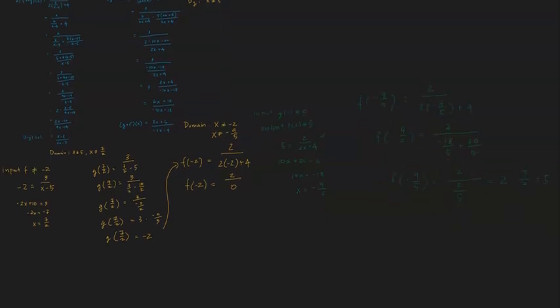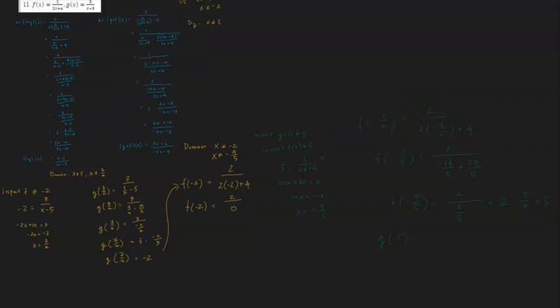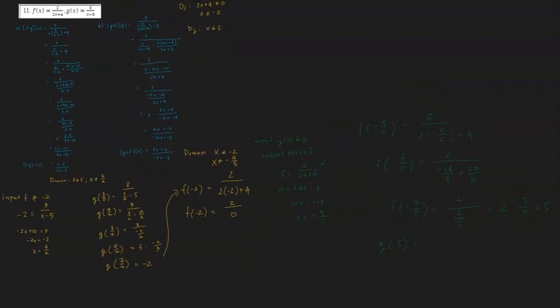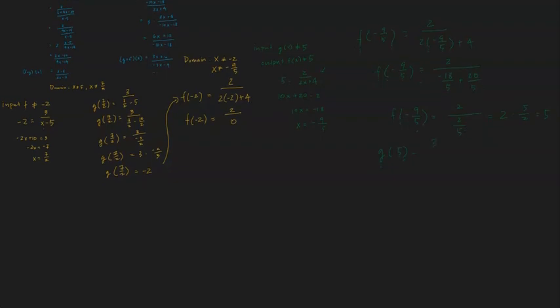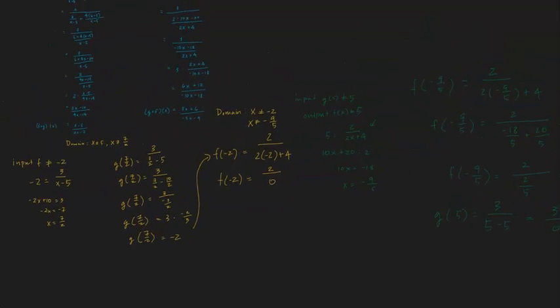If I put that into g of x, it doesn't matter what the numerator is, 3 over 5 minus 5 makes it 3 over 0. So once again, it makes it undefined. So I know that those are the correct answers.